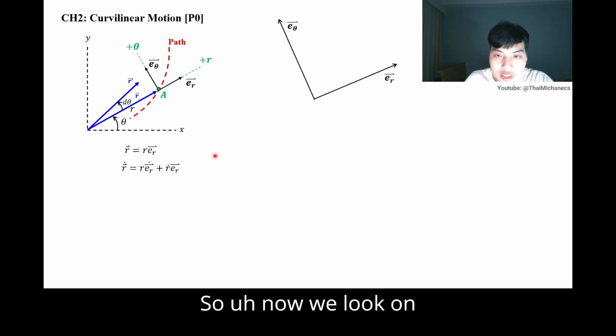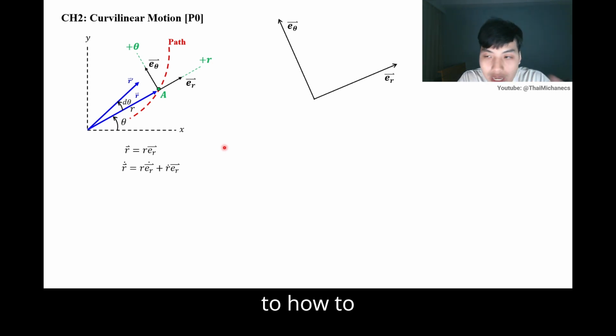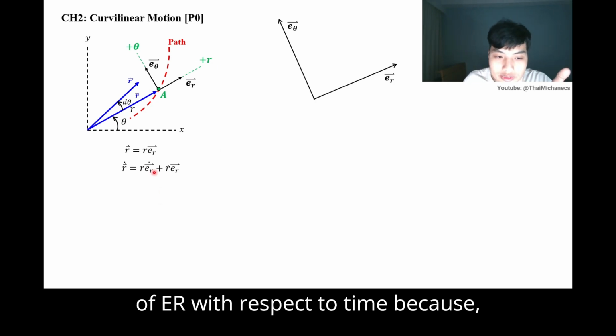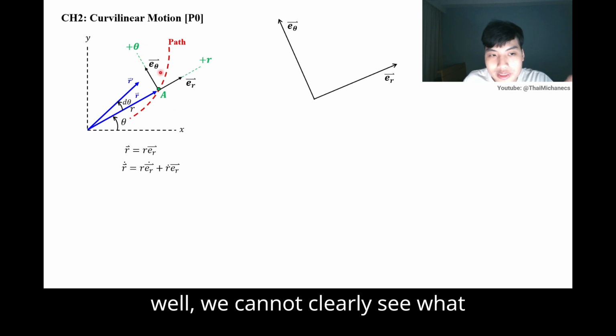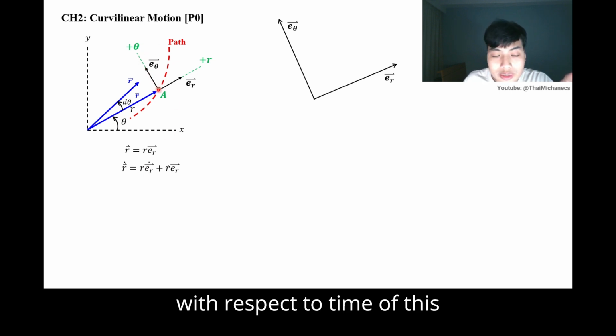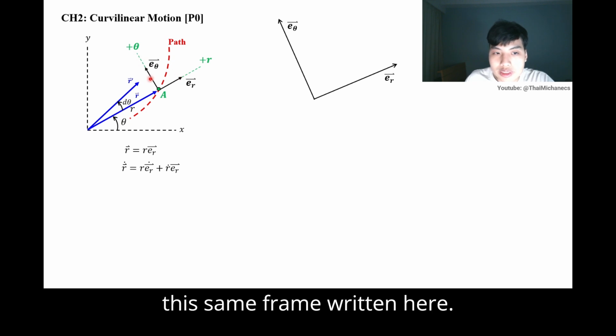Now we look at how to determine the derivative of e_r with respect to time, because we cannot clearly see how e_r or e_theta will change with time. So we use the same frame written here.